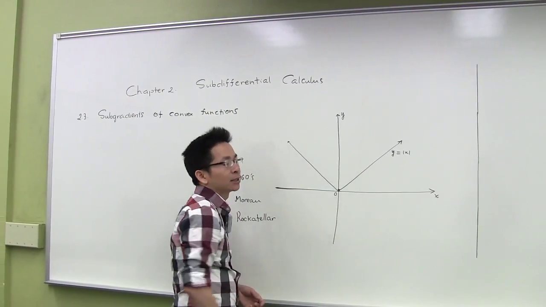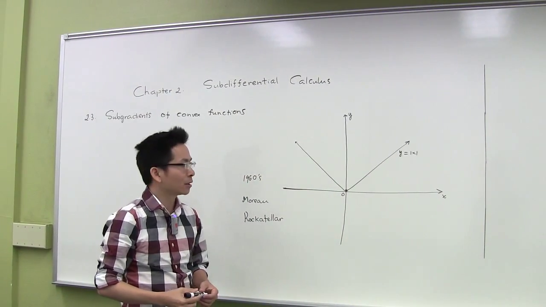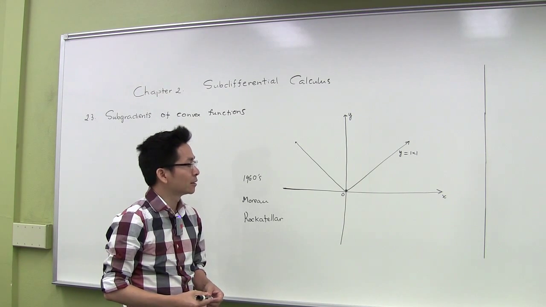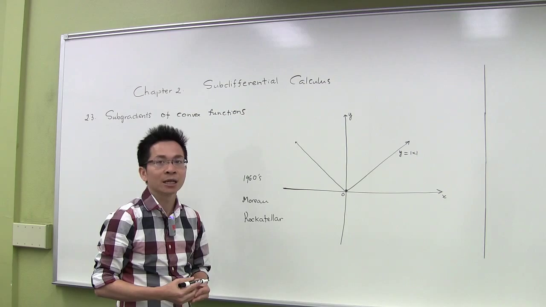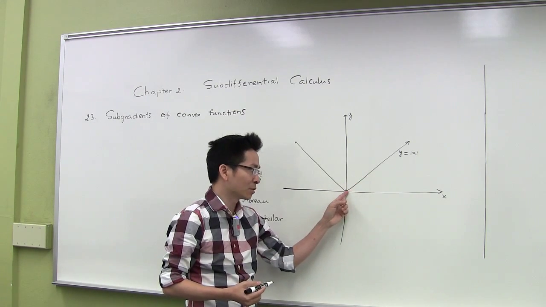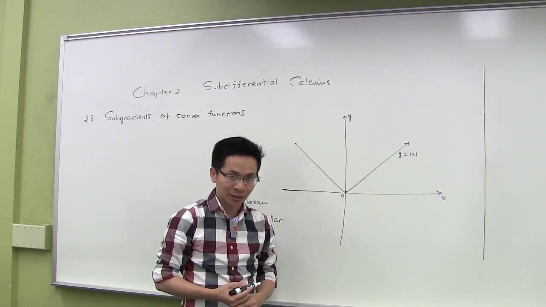This is the absolute value function. The function is non-differentiable at 0, but 0 is very important as far as optimization is concerned, because the function has an absolute minimum at 0.